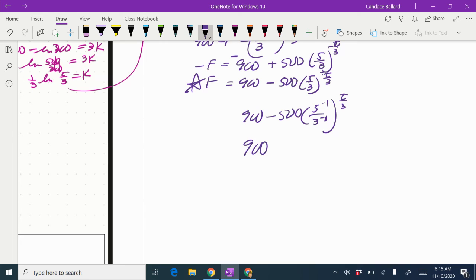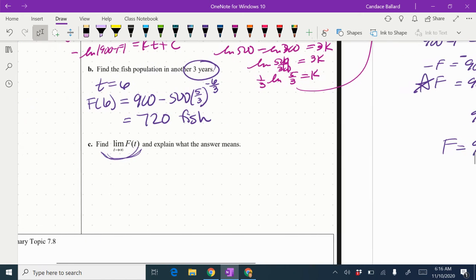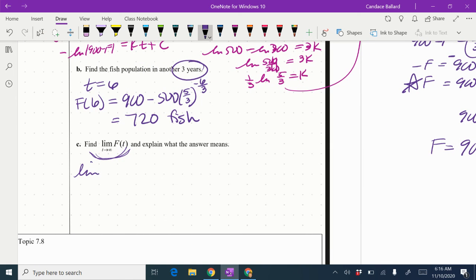So it was really 900 minus 500 over 3/5 to the t over 3. I'm going to use that because it might be a little easier to explain. So I'm going to find the limit as t approaches infinity of 900 minus 500 times 3/5 to the t over 3.